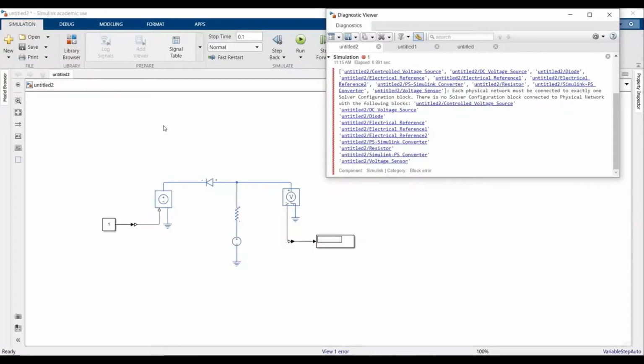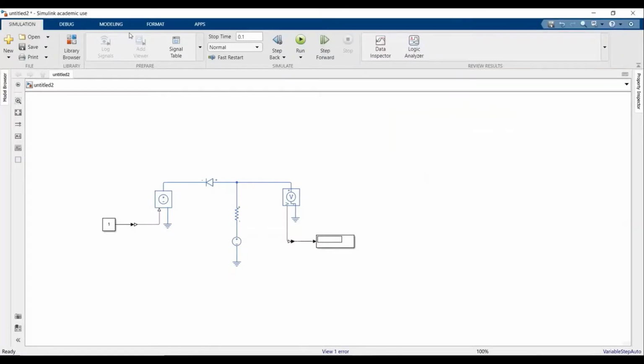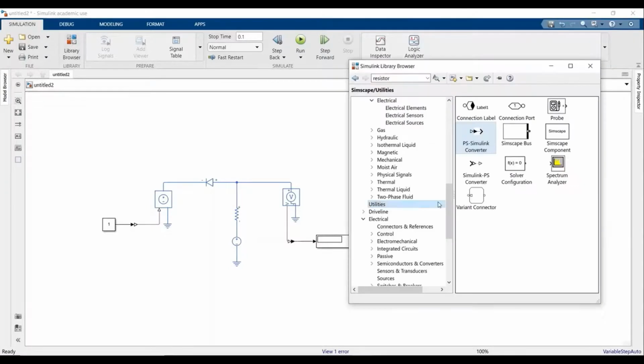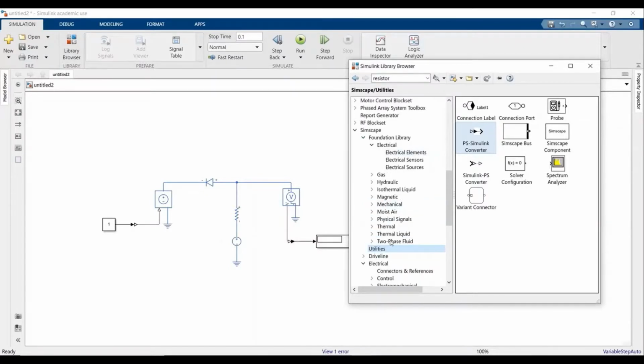So to simulate my physical signals block or my Simscape components, we need something known as solver configuration. So I'll go back to my library. Again, under Simscape Foundation Library.